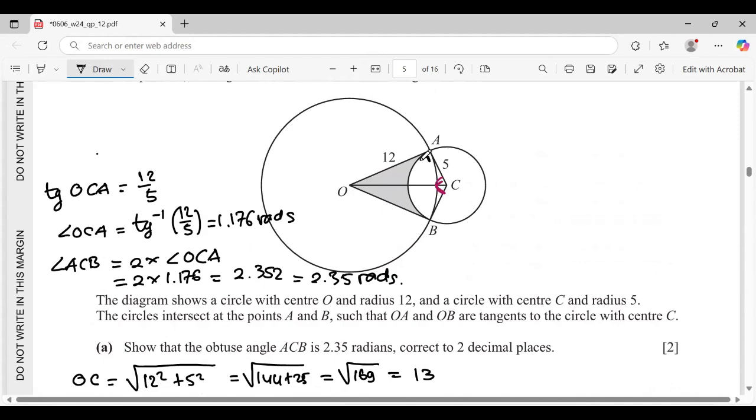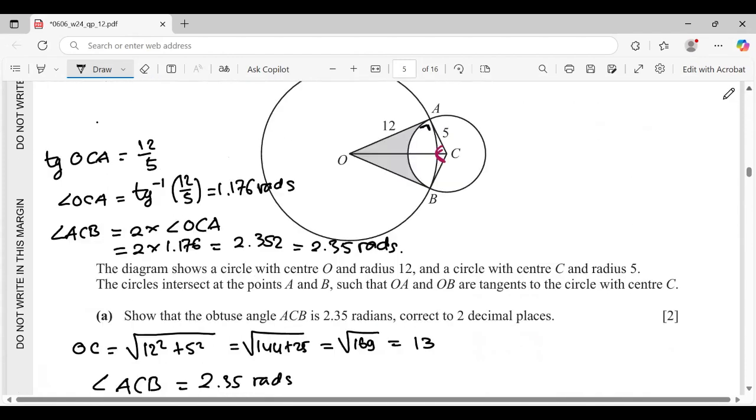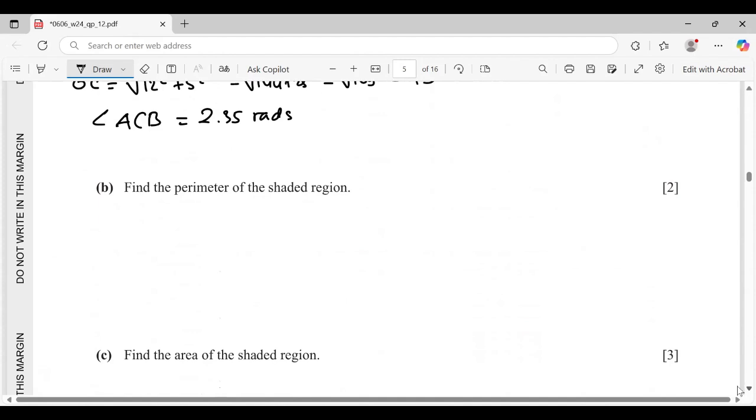So we are going to find first the arc, and the sector area ACB, and after that this area. For the perimeter, we are going to find the arc AB, and after that OA plus OB plus arc AB. So we need to find arc AB first. Arc AB equals radius times angle ACB.